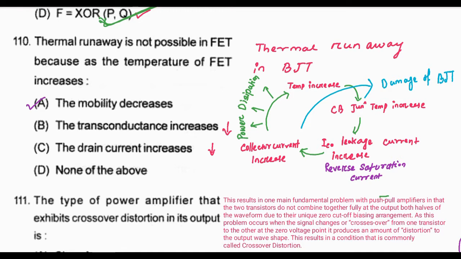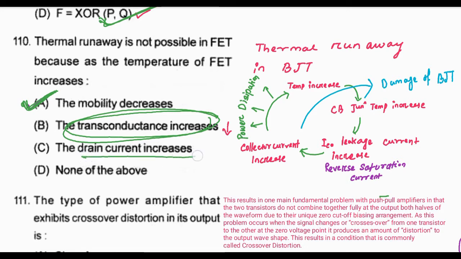So here if we check, first one is the answer, that is the mobility decreases. Option B says transconductance increases. Actually transconductance decreases as temperature increases, and drain current remains somewhat stable, and none of the above is not the answer.